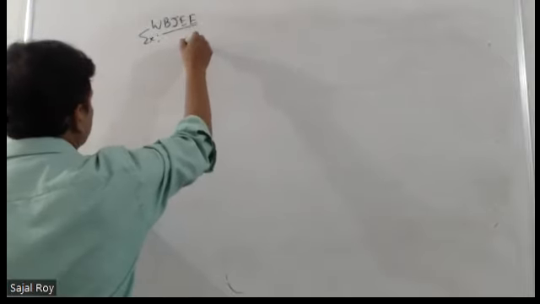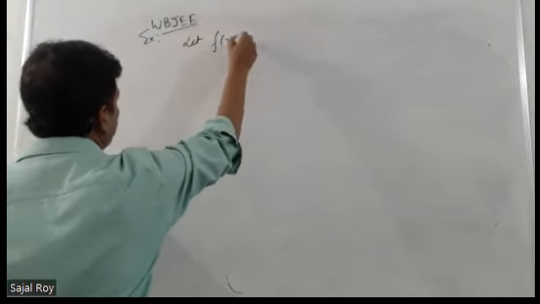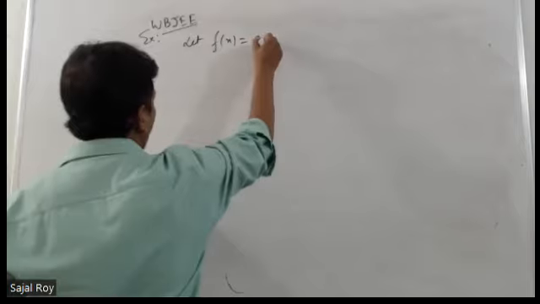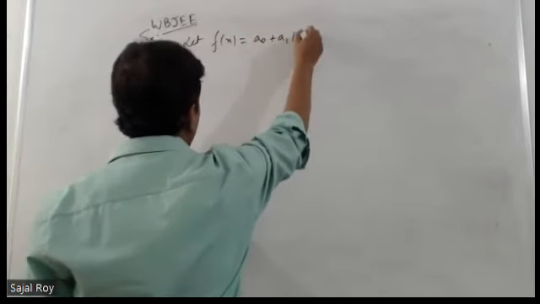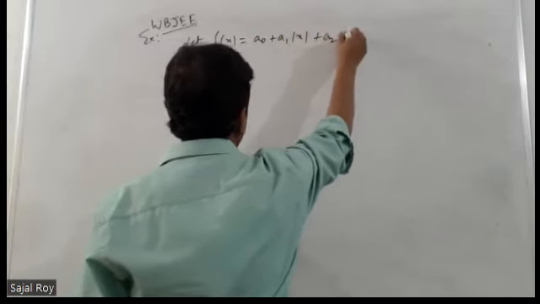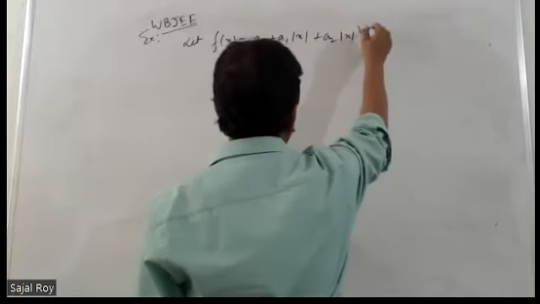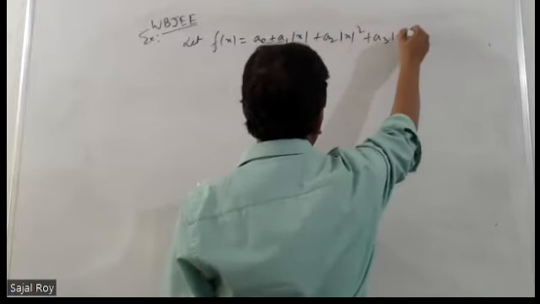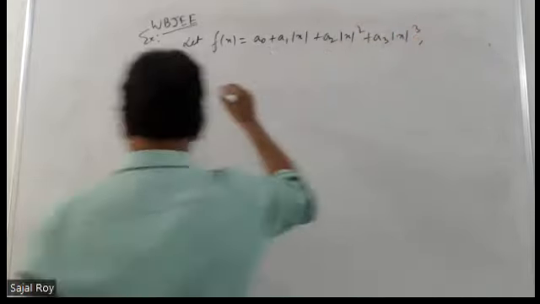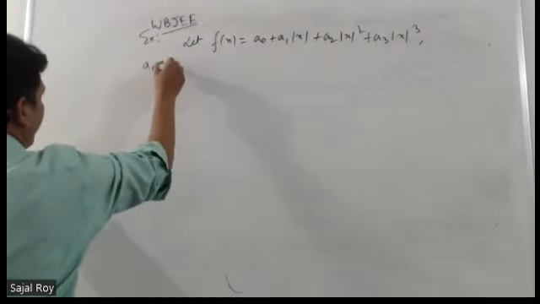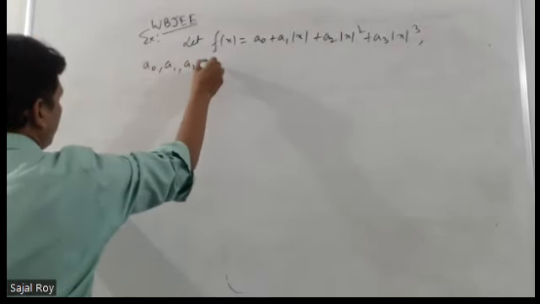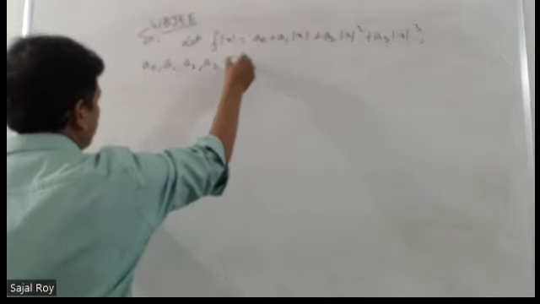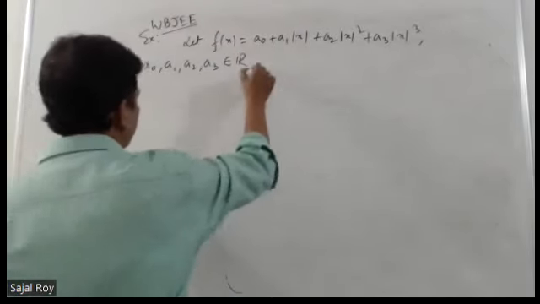So let fx equal to a0 plus a1 mod x plus a2 mod x squared plus a3 mod x cubed, where a0, a1, a2, a3 are real constants. All are real.